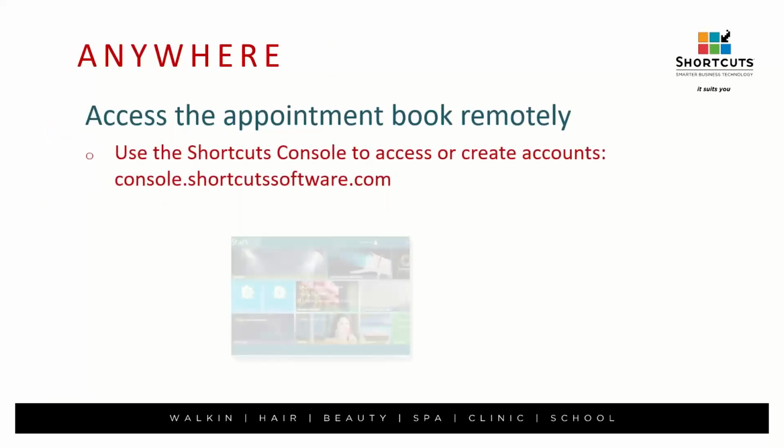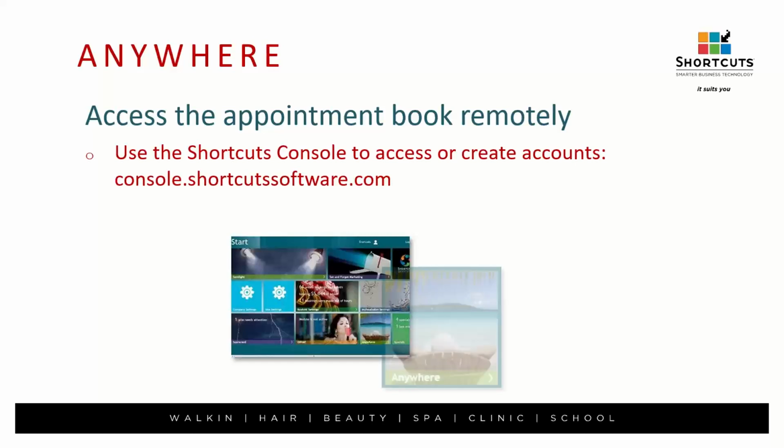So what it is, if you go to the Shortcuts online console, and again, this is something that we've looked at over the past few weeks, you should hopefully be somewhat familiar with it. This is the page that you go to whenever you need to set up online booking for your salon or your shop, or self check-in for your salon or your shop.